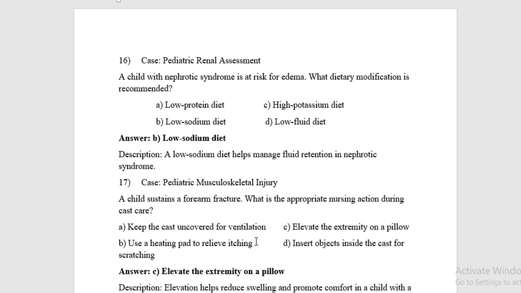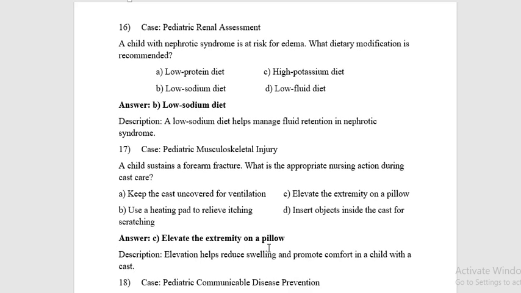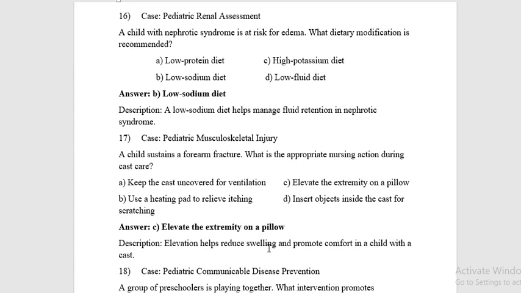C, elevate the extremity on a pillow. D, insert an object inside the cast for scratching. Choice C is the best answer. Elevate the extremity on a pillow. Elevation helps reduce swelling and promotes comfort in a child with a cast.